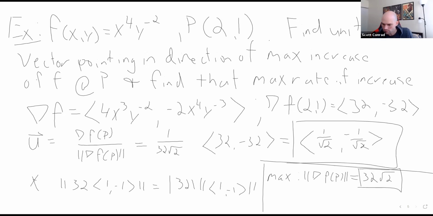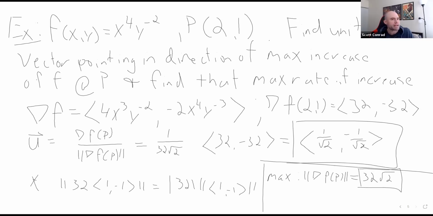We good? Wait, so how did we get the maximum there? Because we go from the unit vector 1 over root 2 to negative 1 over root 2, and then did we just multiply that by the 32?